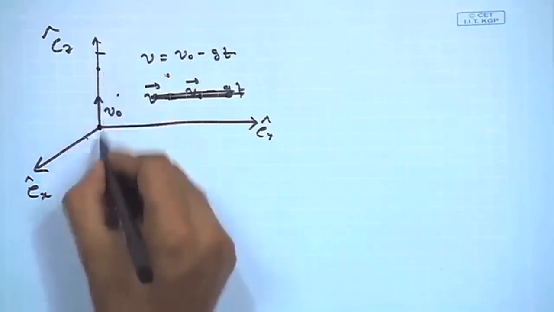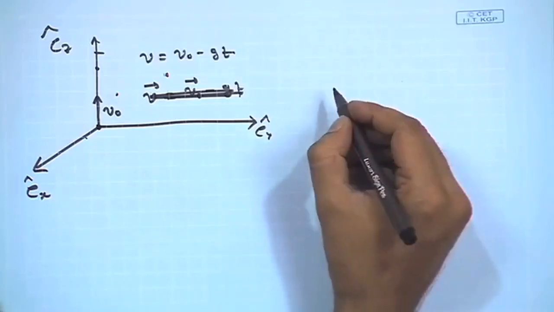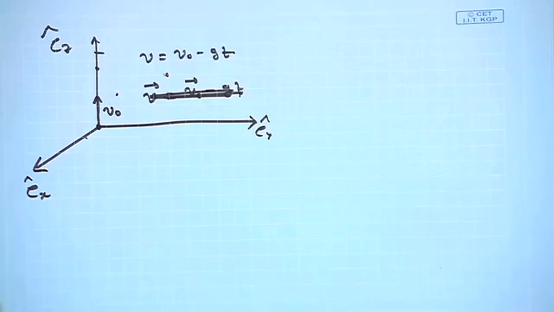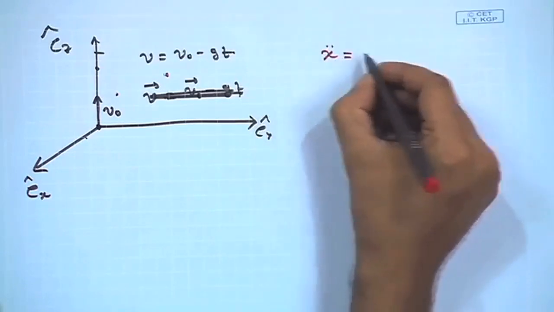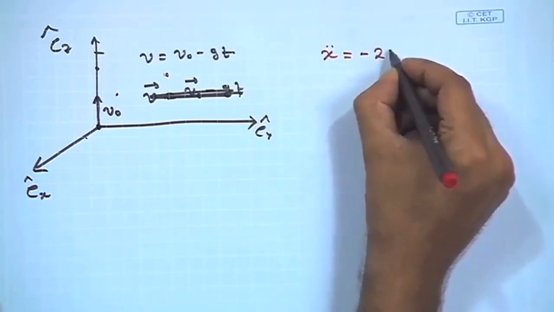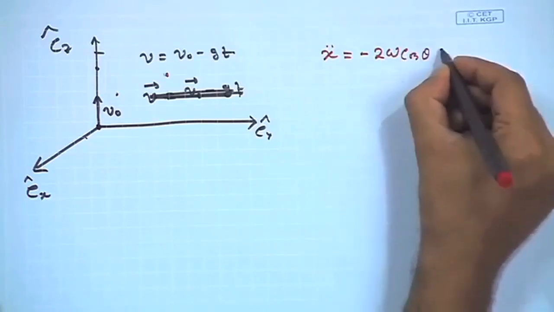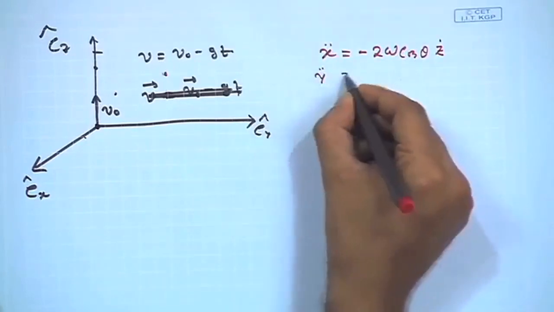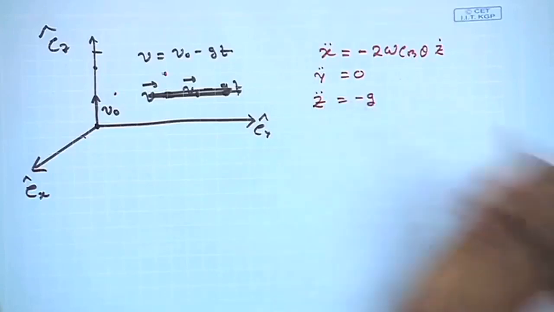So, as the velocity is in the upward direction, we can once again calculate the Coriolis forces, and it can be shown, I am leaving the exact calculation to you, that this will be 2 omega cos theta z dot. y double dot as usual is equal to 0 and z double dot is equal to minus g.